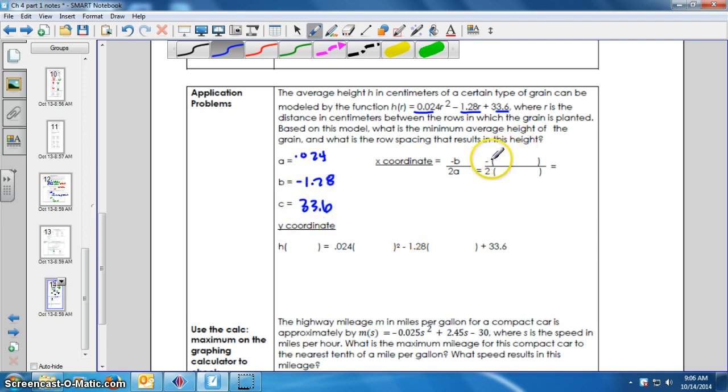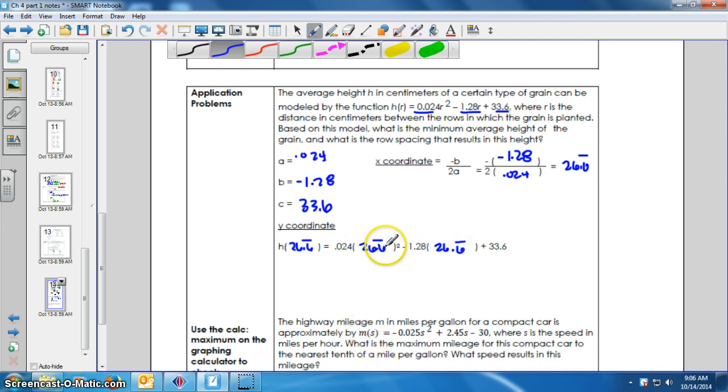So when we plug in negative b over 2a, and then we type that into our calculator, we get 26.6 repeating. So we type that into the function, making sure to enter that carefully.